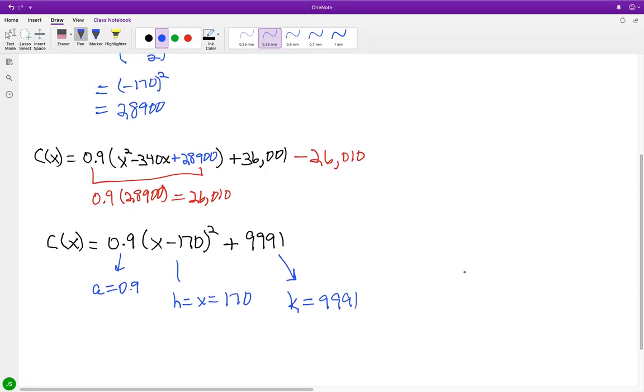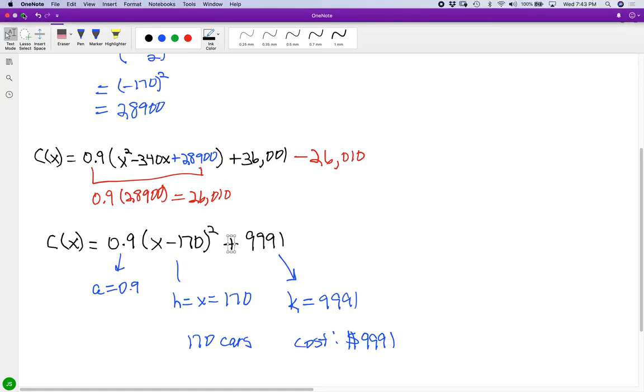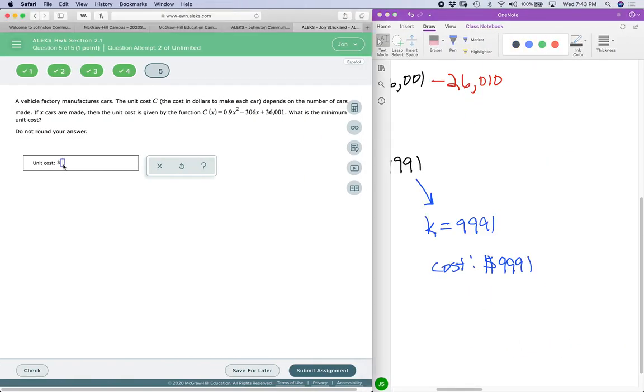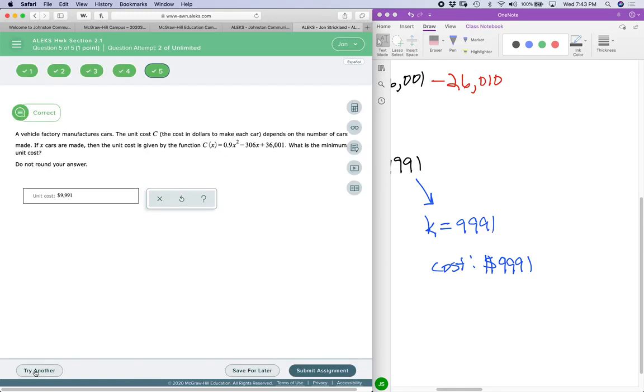So we have 170 cars, and the minimum per unit cost is going to be $9,991. So for optimizing, for the minimum cost, this would be exactly at 170 cars manufactured, and the per unit cost we have at $9,991. And just going back and checking, the unit cost we have is $99.91, and as I check, we have the result to be correct.